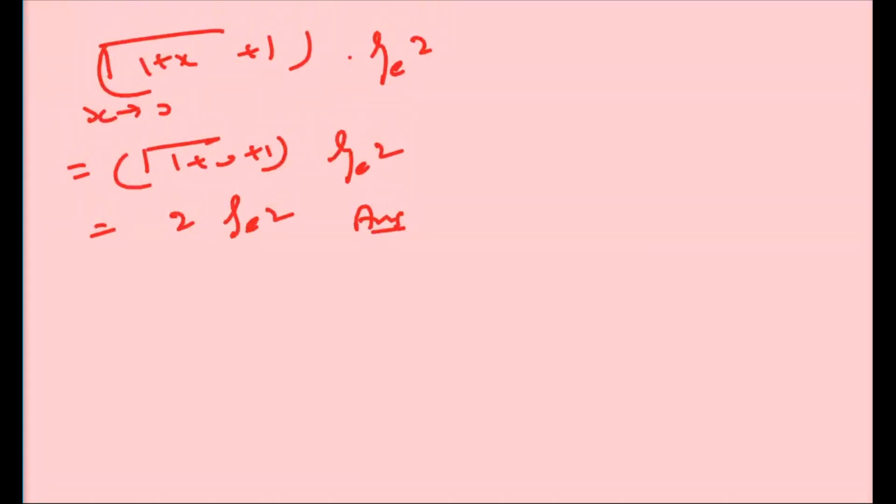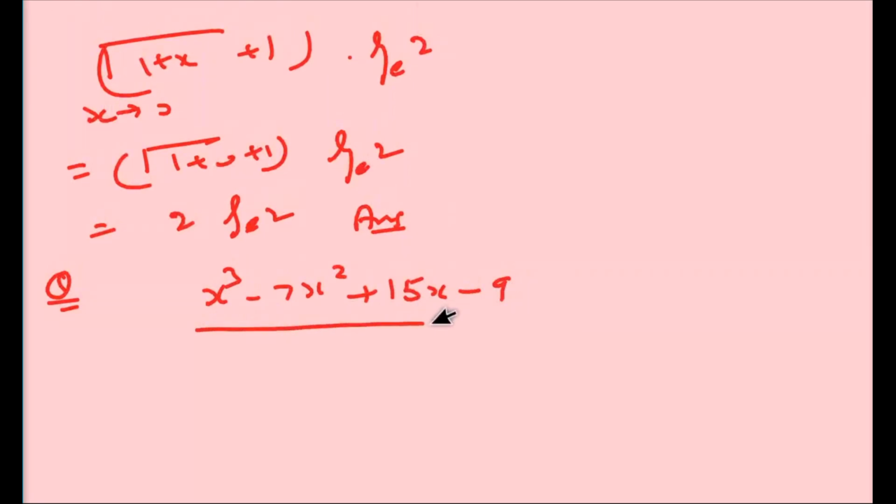Okay, now the question is x cube minus 7x square plus 15x minus 9 divided by x to the power 4 minus 5x cube plus 27x minus 27, x tends towards 3.